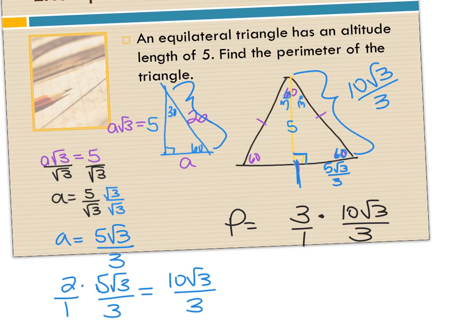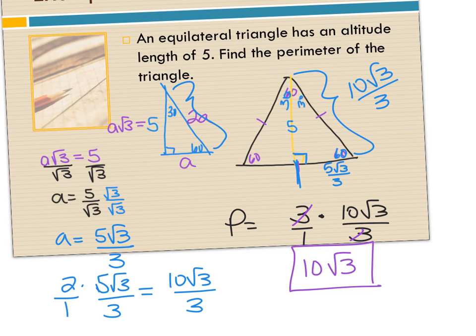And then 3 over 1 times 10 root 3 over 3, I can actually cancel out these 3's and I get left with 10 root 3. Or I could have multiplied it, I get 30 root 3 over 3, which then reduces back to 10 root 3. I like to make my numbers as small as possible, so I just cancel as I go.